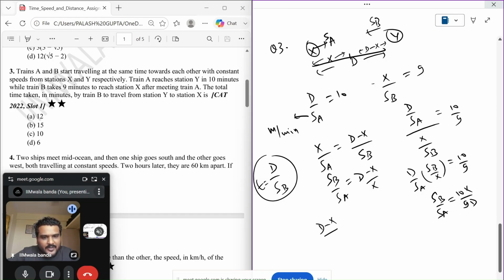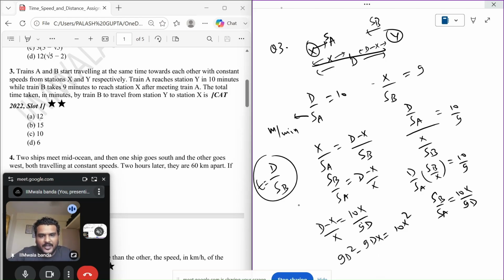Equate the two: D minus X upon X is equal to 10x by 9D. Is something getting answered? No. Okay, let's just go ahead. 9D square minus 9Dx equals 10x square. We got a quadratic. Doesn't look like the options will demand a quadratic, but okay, let's go.